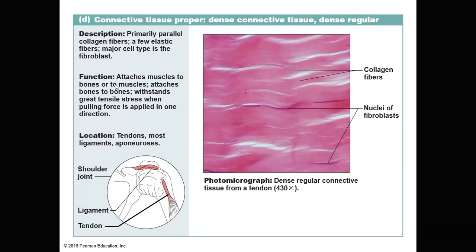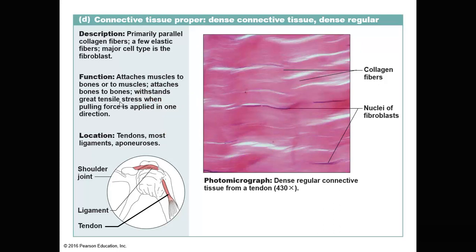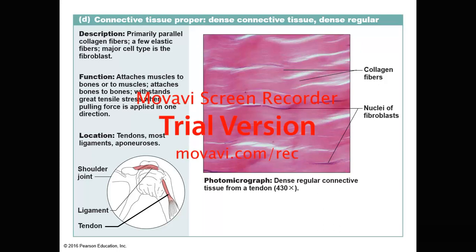So function: attaches muscle to bones, which are the tendons, attaches bone to bones, which are the ligaments, withstands great tensile stress when pulling forces applied in one direction. Location: tendons, ligaments, and aponeurosis.